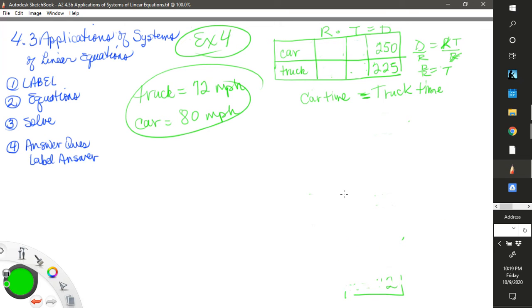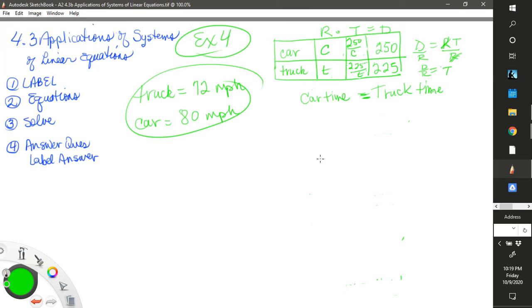So in a scenario like this, I would have said, this was a C and this was a T. And our time, remember we solved time was distance over rate. So that would be 250 over C. This would be 225 over T. We still have that car time equals truck time.